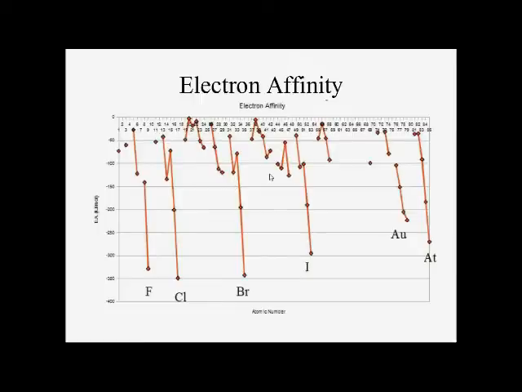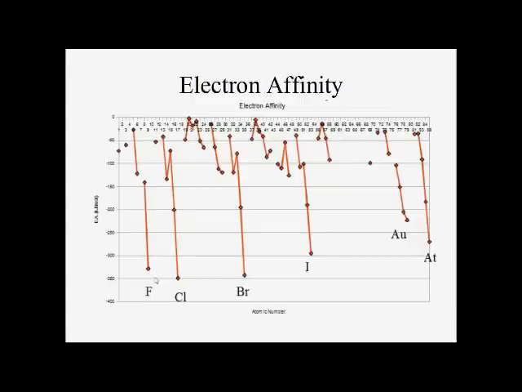So these are values for electron affinities. They're shown as enthalpy values, so they're negative to show that they're stable. They're exothermic processes.